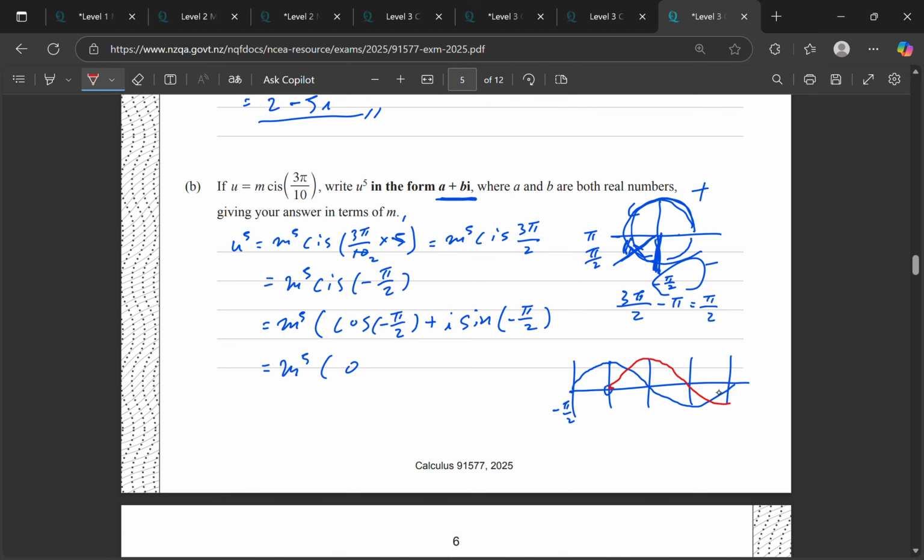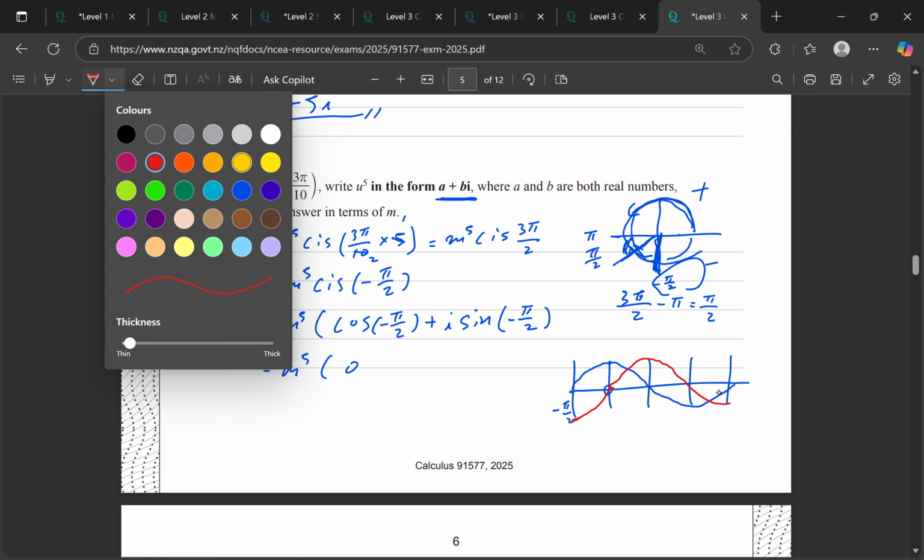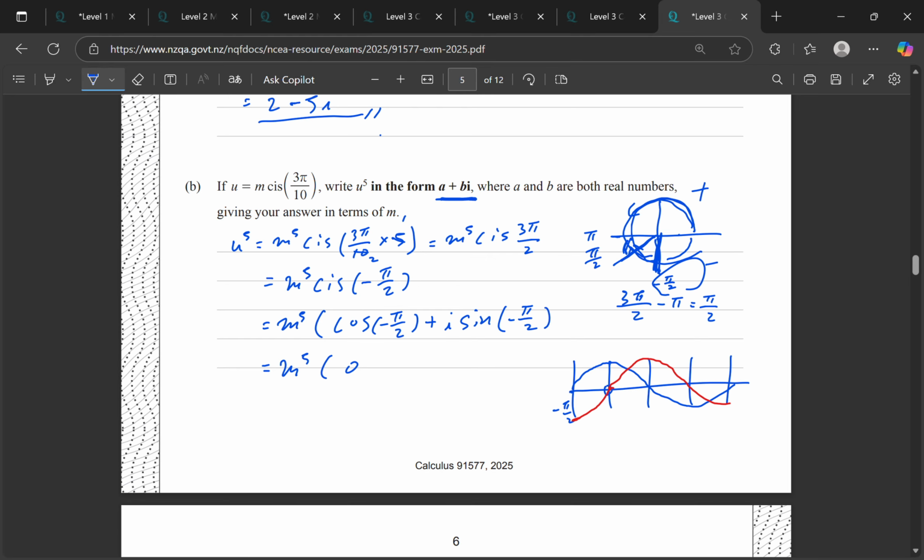So sine minus pi over 2 is minus 1. So that becomes minus i, right? So minus m to the power of 5 i should be the answer. So in this case, a is 0, b is minus m to the power of 5.